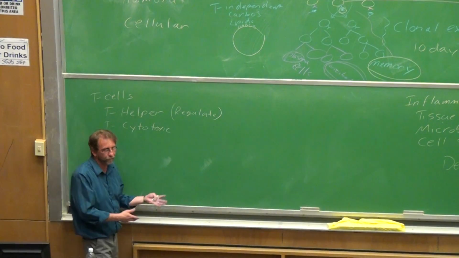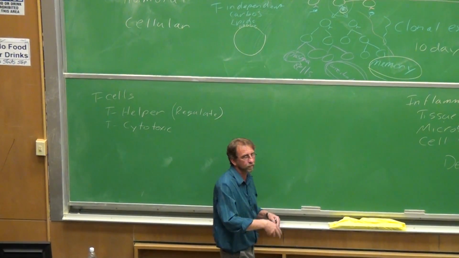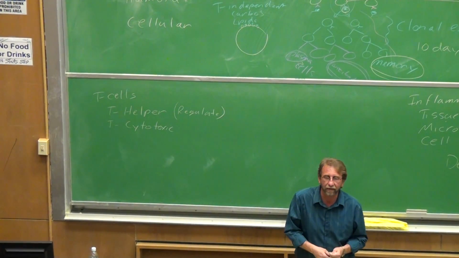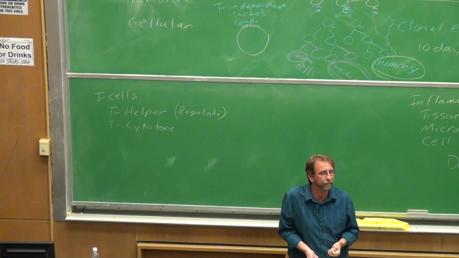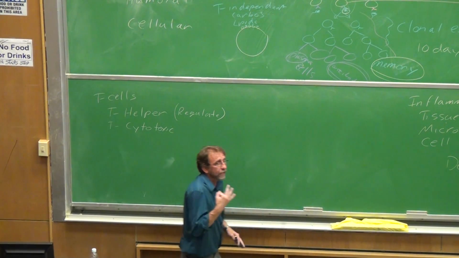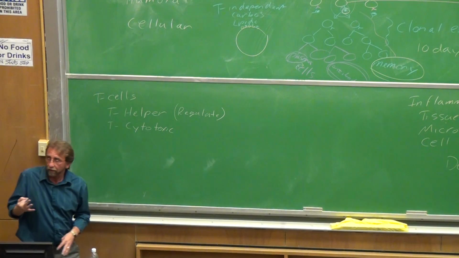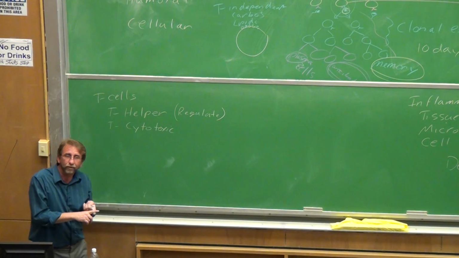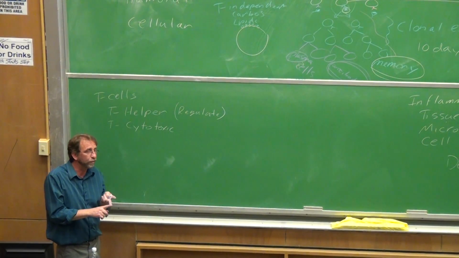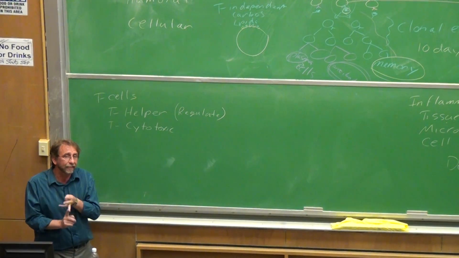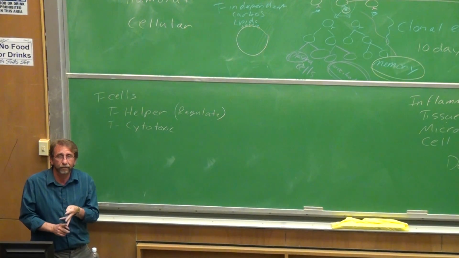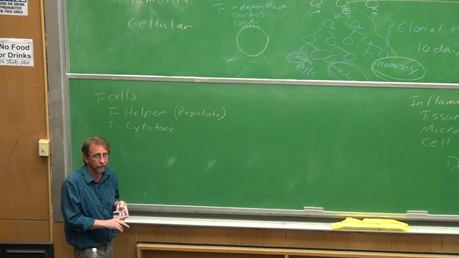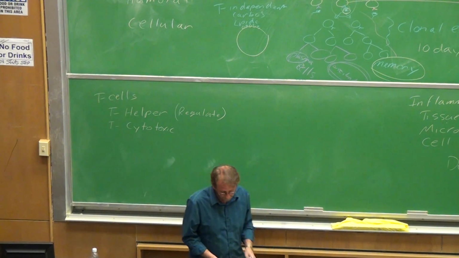It can't just bump into a free microbe roaming around and devour it. It won't work. It's got to be presented with the antigen first. There are 3 antigen-presenting cells: the B cells, the macrophages, and the dendritic cells. Those are the only 3 cells that present antigens.